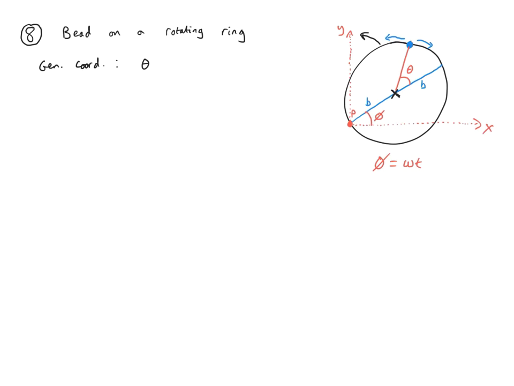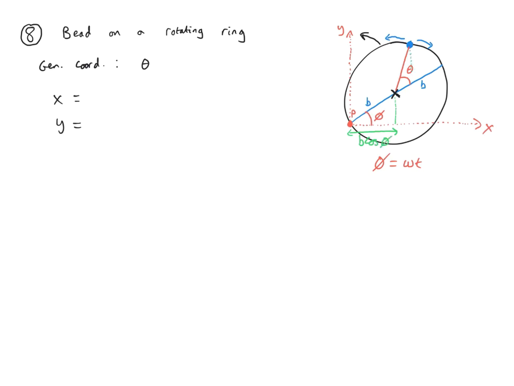To be able to write down the Lagrangian and to solve for the dynamics of theta, we're going to actually need to write down the x and y coordinates of our bead in terms of theta. How do we do that? Well, let's break up the x coordinate into 2 pieces. We have this length here. By trigonometry, that is clearly b cos phi.